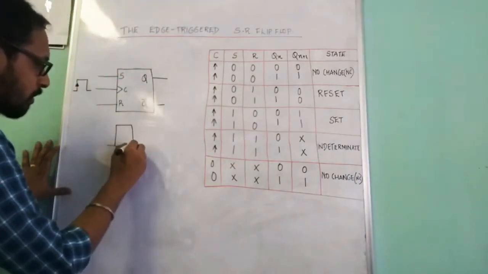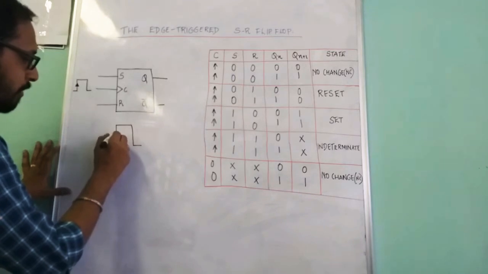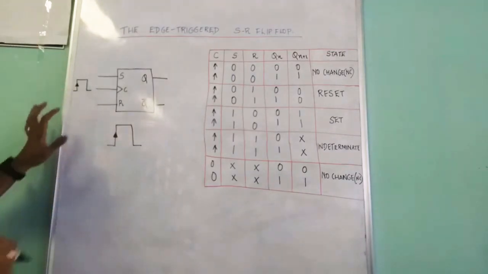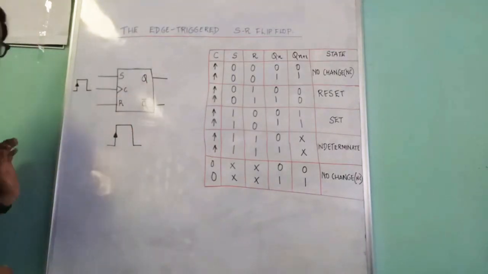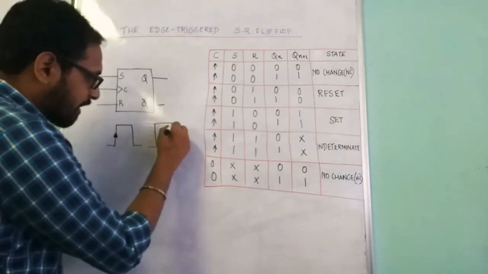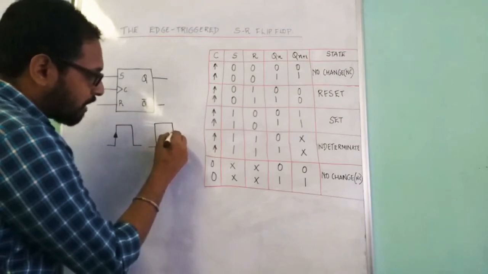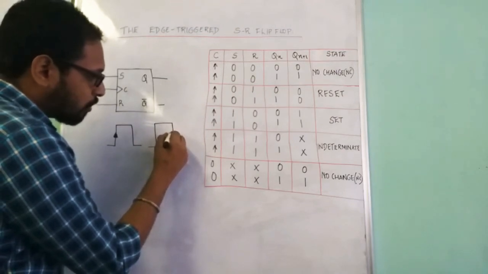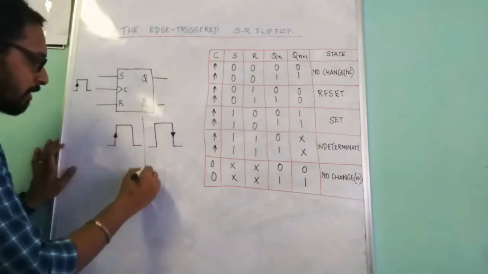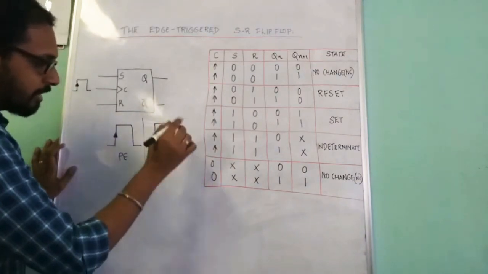If this is the clock pulse, an arrow pointing upward should be drawn here in order to show that it's positive edge triggered. If the question is asked for negative edge triggered, at the falling edge we need to draw, this is positive edge triggering, this is negative edge triggering.